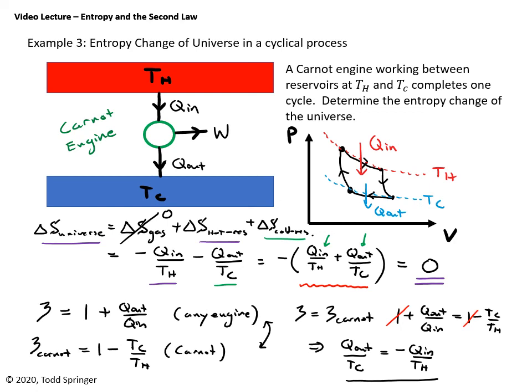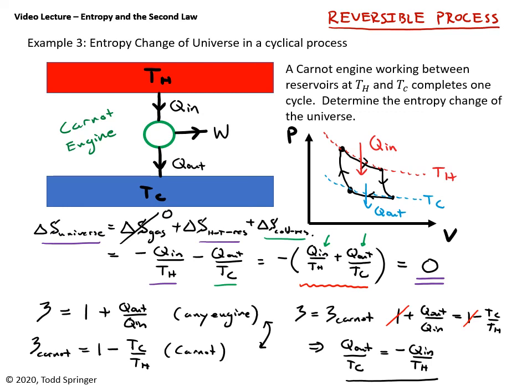How do I understand that? In all the examples we did previously, we saw the entropy change of the universe was positive. But remember what's special about a Carnot engine. A Carnot engine is a reversible process. So the Carnot engine I could run forwards or backwards.